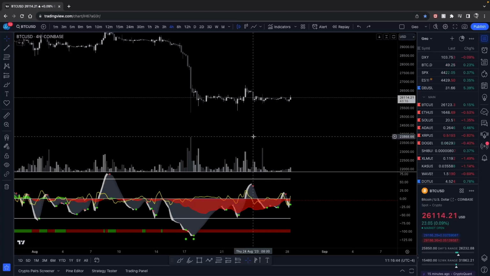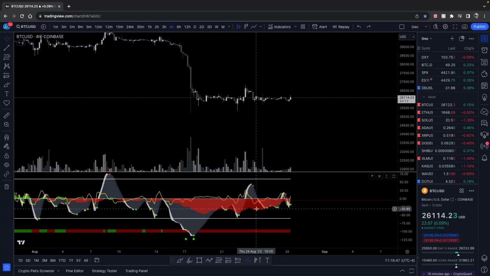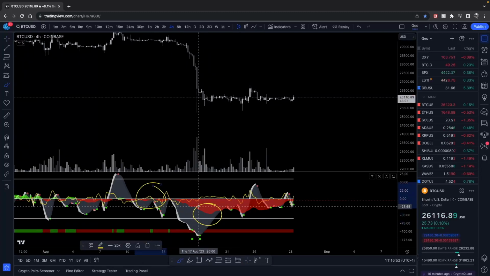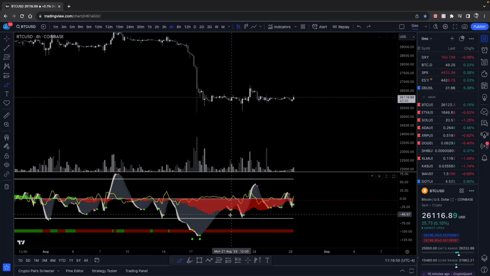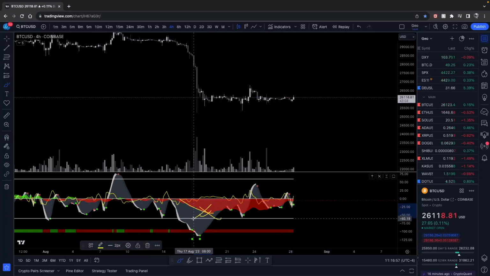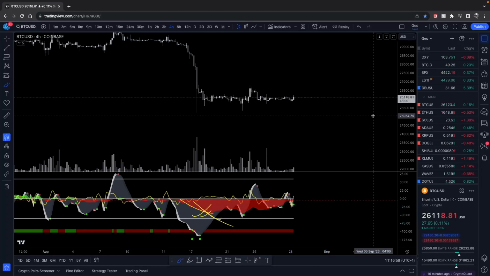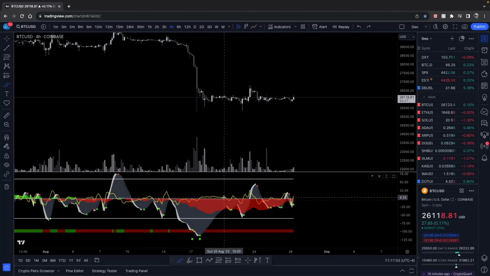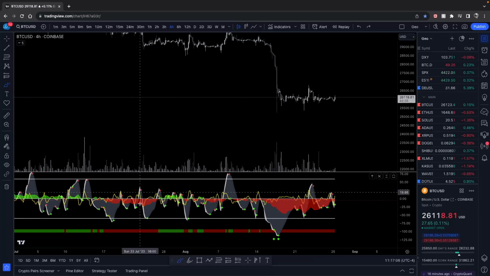First of all, you need to understand that money flow is relative to its previous point in time. That means there's less money here than there was here. It is not relative to price. Otherwise, every time money flow was this thick in the red, price would be the exact same, which is not the case. So it is relative to its previous Market Cipher B and the way that it looks.